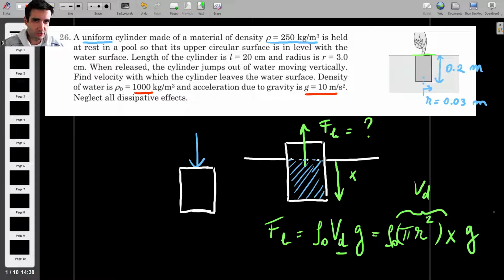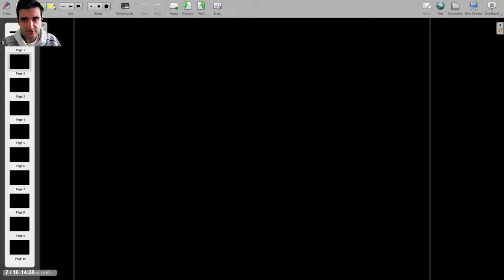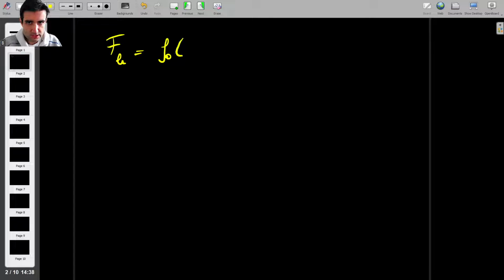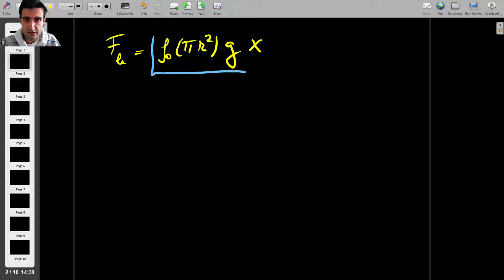Right, now let's rearrange this in a certain way and we'll actually see what we have. So FB, the buoyant force, is going to be rho 0, then pi r squared, then g, and then x. I move the x to the end because x is actually the variable here. This thing is constant.